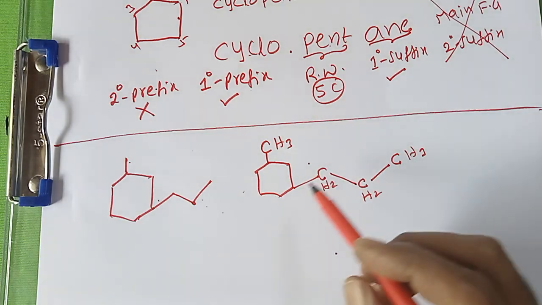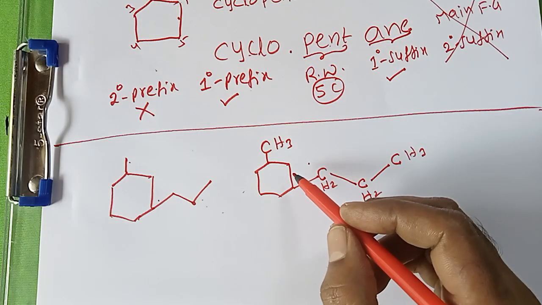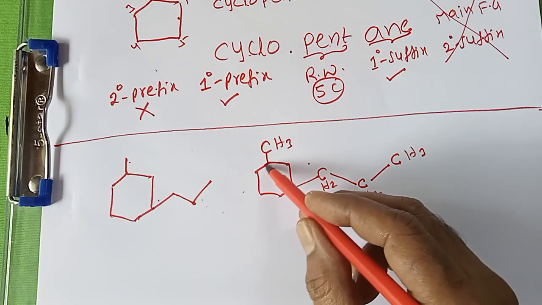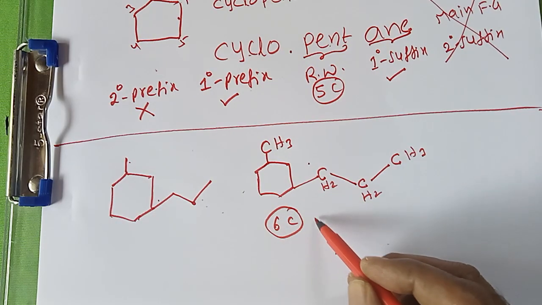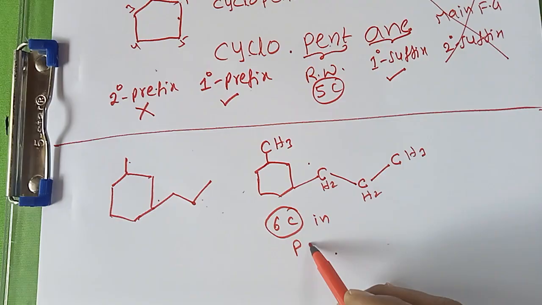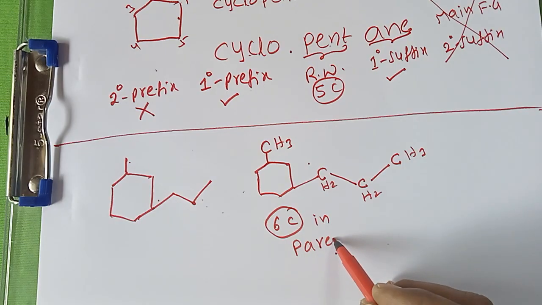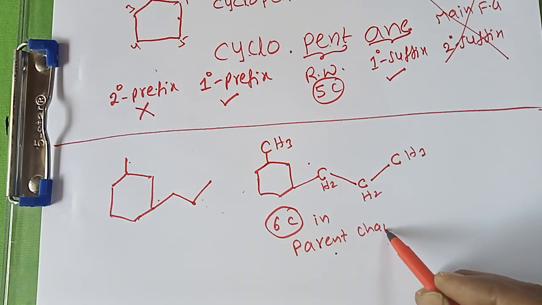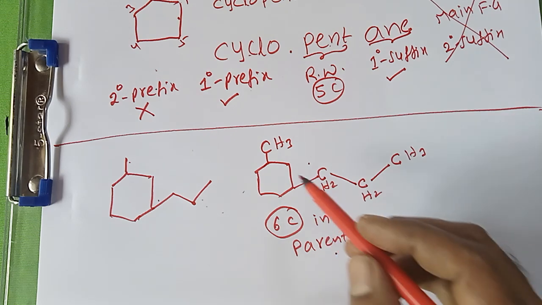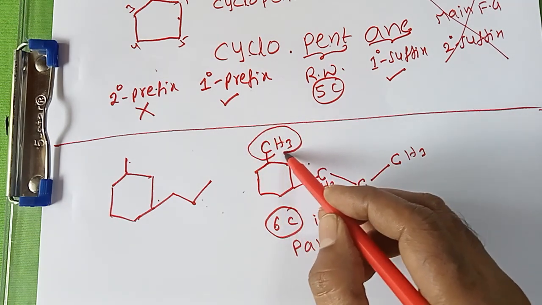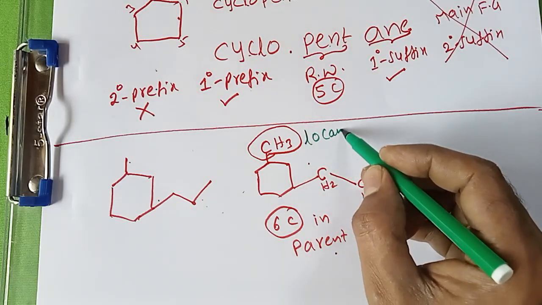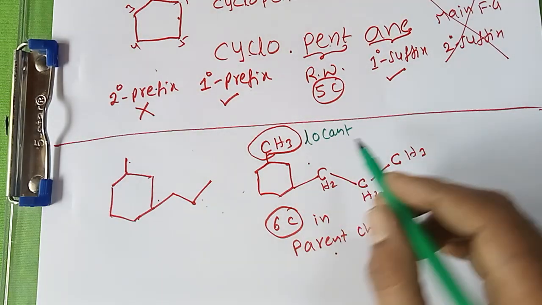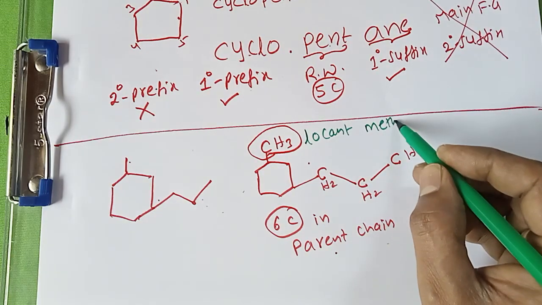Next IUPAC numbering. Before that, parent chain you selected. Parent chain is this one. 6 carbons in the parent chain. But before going to numbering, this substituent locant name you write down here. What is this locant name? Methyl.